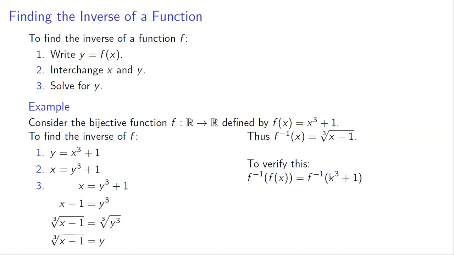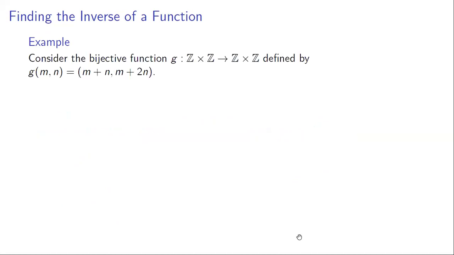So that gives us the cube root of x cubed plus 1 minus 1. So that simplifies to the cube root of x cubed, which is x. So we see that f inverse of f of x is equal to x.